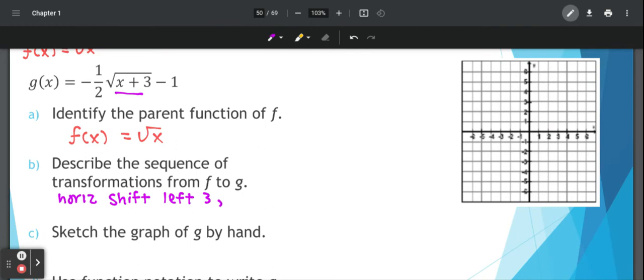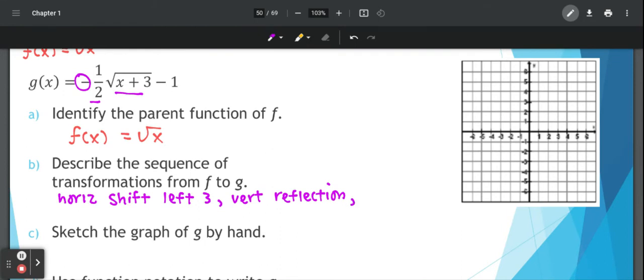And then everything else is outside of our square root. So now we move to vertical. We're going to have a vertical reflection. That's this negative. We have a vertical stretch of 1/2.